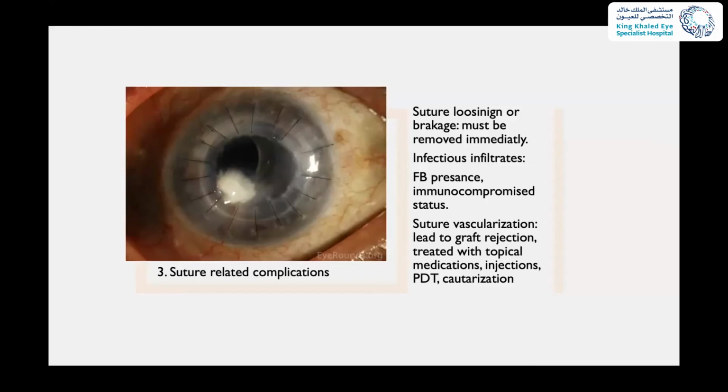Also, infectious infiltrates post-PKP is a very problematic complication, and it happens because of the presence of foreign bodies on the eye, which are the sutures, and also the immunocompromised status of the cornea because of the chronic use of corticosteroids.